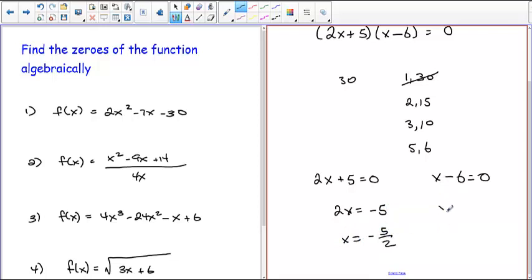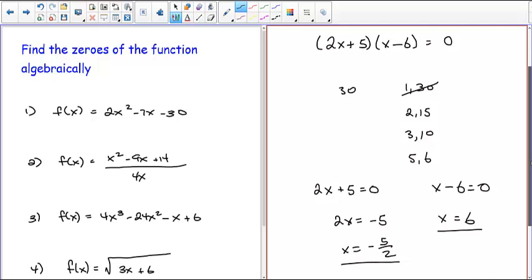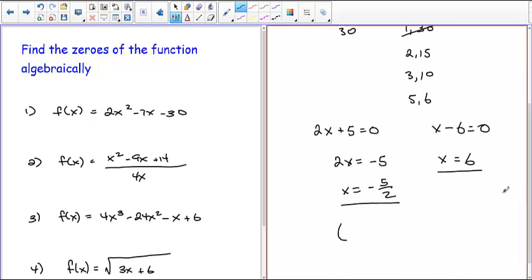And over here you add 6 to both sides, so you get that. And so the final answer here is that the zeros are negative 5 halves, comma 0, and 6, comma 0.